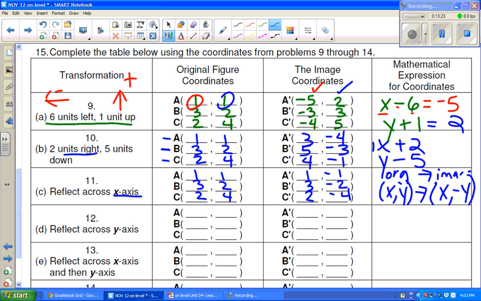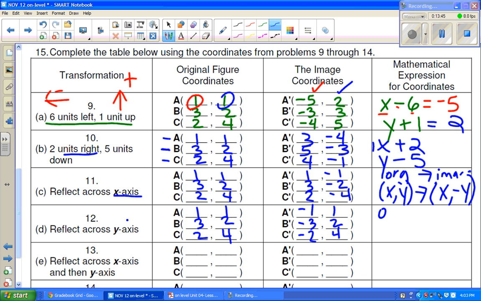Okay? Now reflecting across the y-axis. 1, 1, 3, 2, 2, 4. Our new value. A prime, negative 1, 1. Negative 3, 2, negative 2, 4. And I'm just taking these off of the figure that we already reflected.